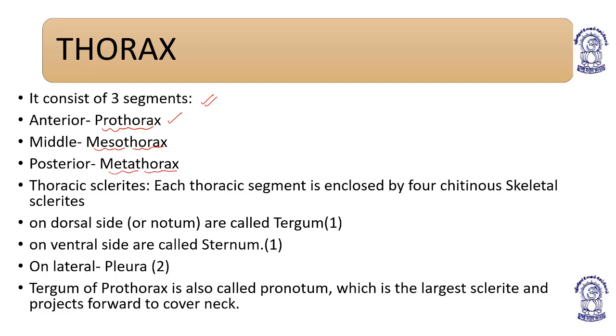So thorax consists of three segments, both in embryological and adult life: anterior prothorax, middle mesothorax, and the posterior is metathorax.